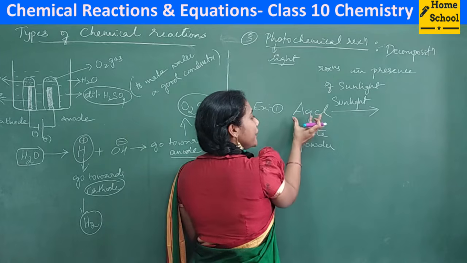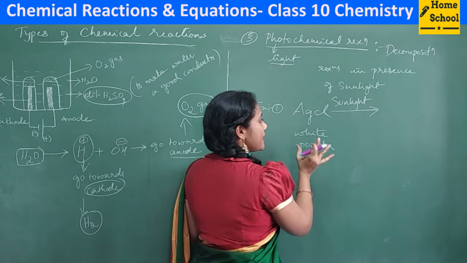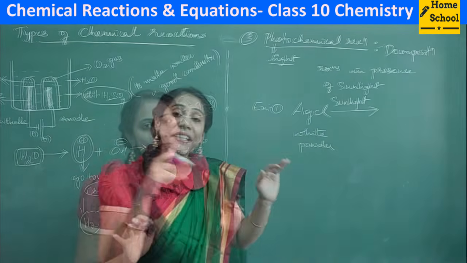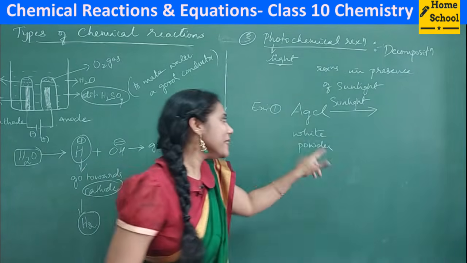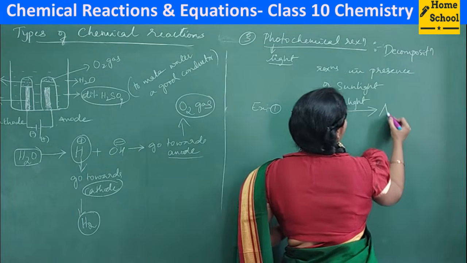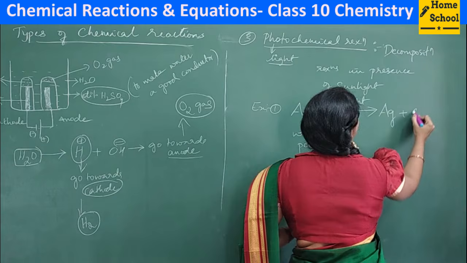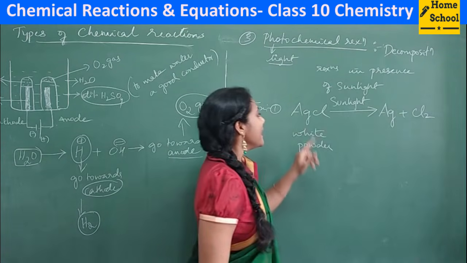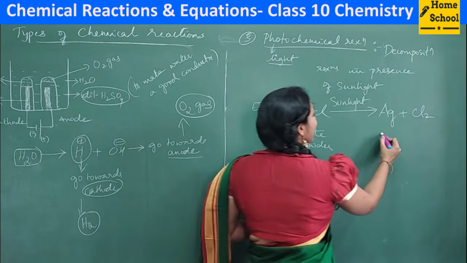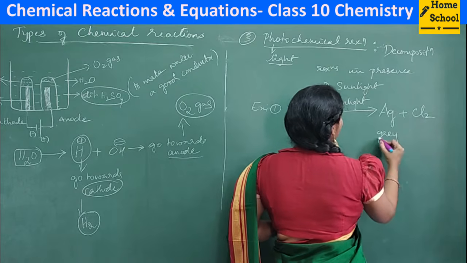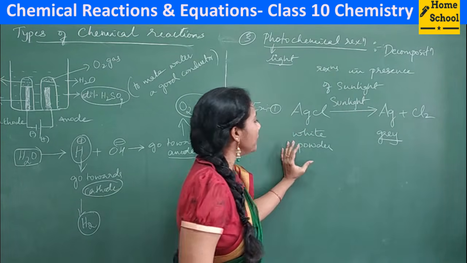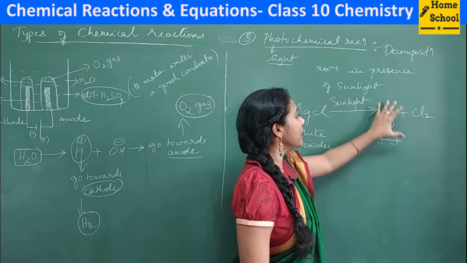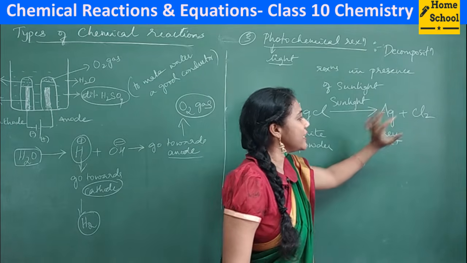Actually, the moment you keep this AgCl in presence of sunlight, it underwent decomposition. That means it has broken down into Ag and Cl2 gas. Okay, so if your white powder is converted into gray powder, then that gray stuff is actually silver.